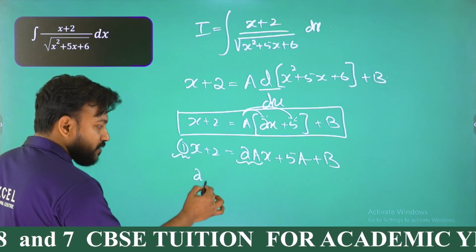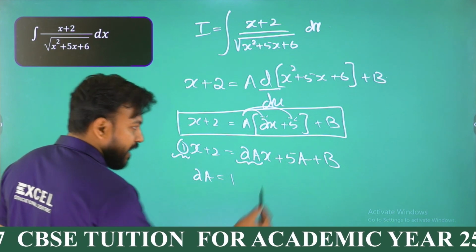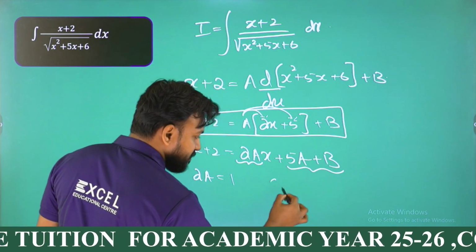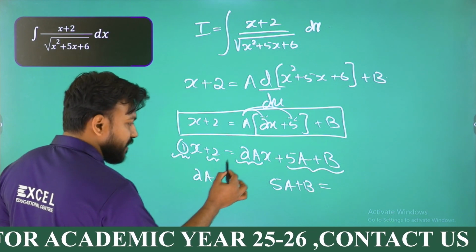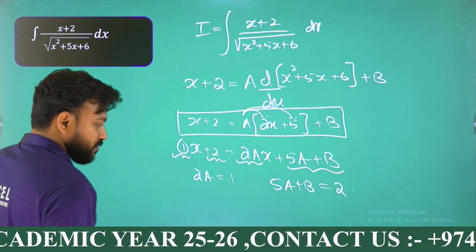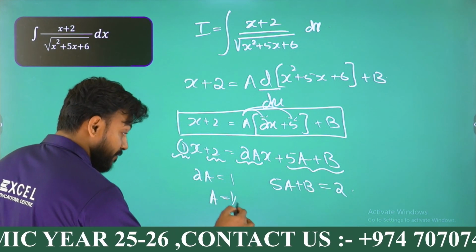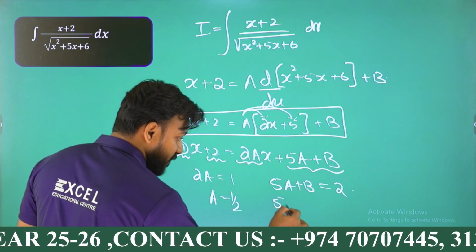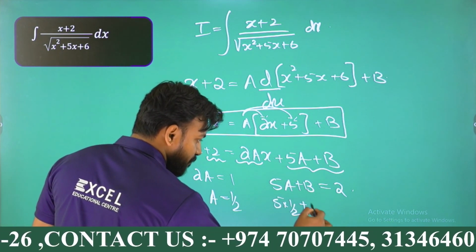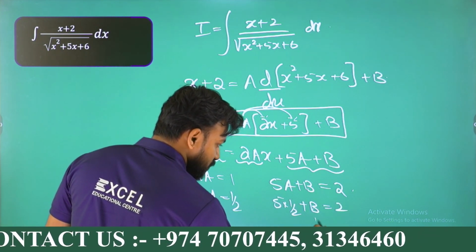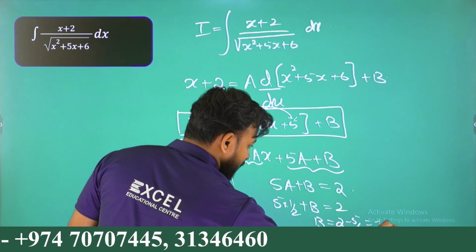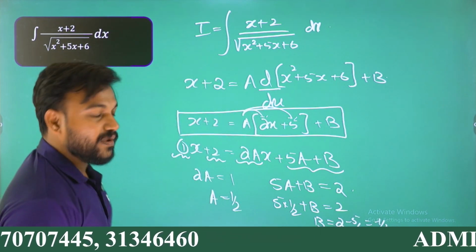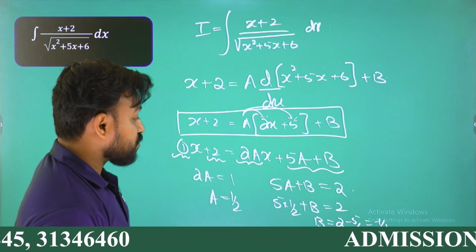So 2a is equal to 1. The constant term on the right side is 5a plus b, and the constant term on the left side is 2. So a is 1 by 2. And 5 into 1 by 2 plus b is equal to 2. So b is equal to 2 minus 5 by 2, which is minus 1 by 2.